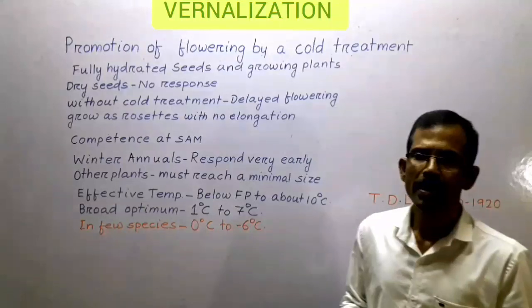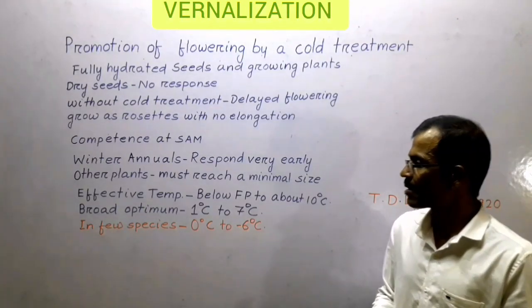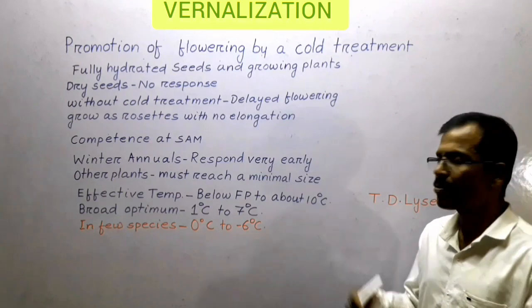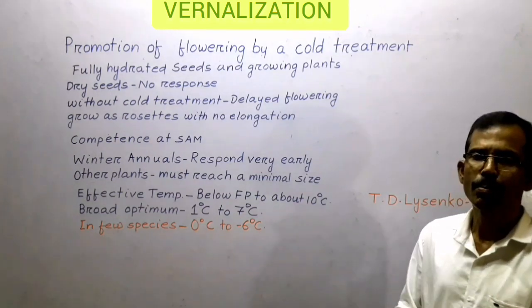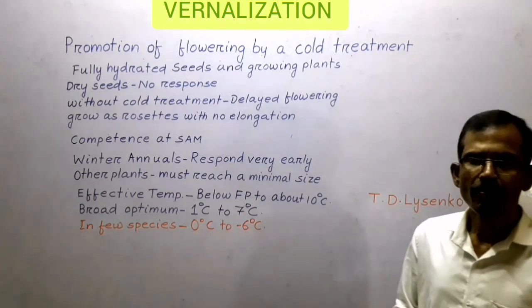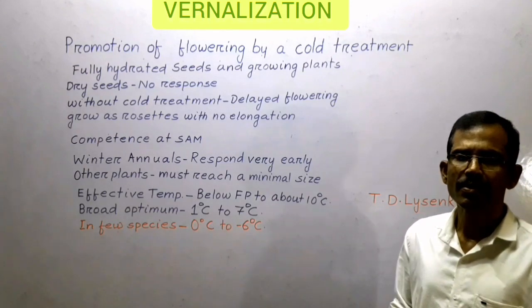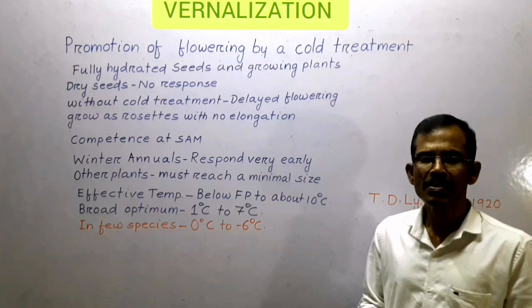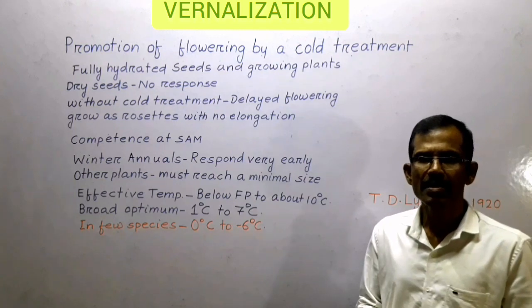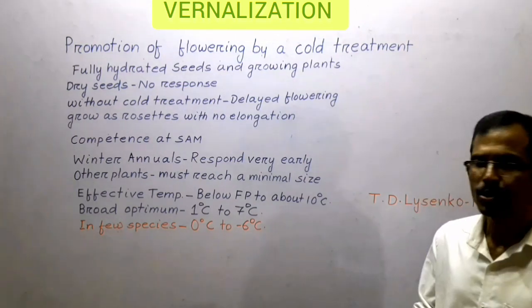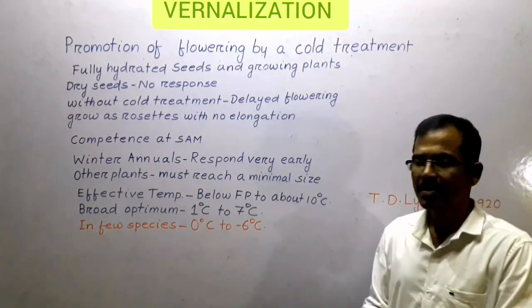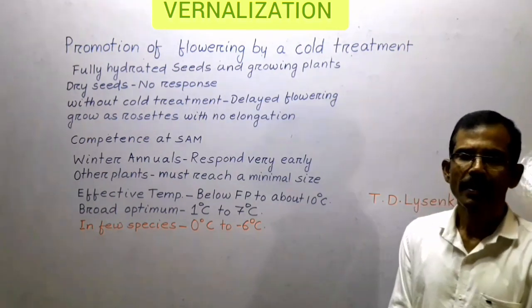The effective temperature range for vernalization is from below freezing point to about 10 degrees centigrade with a broad optimum from 1 degree centigrade to 7 degrees centigrade. Few plant species can also be vernalized at a low temperature from 0 degree centigrade to as low as -6 degree centigrade.